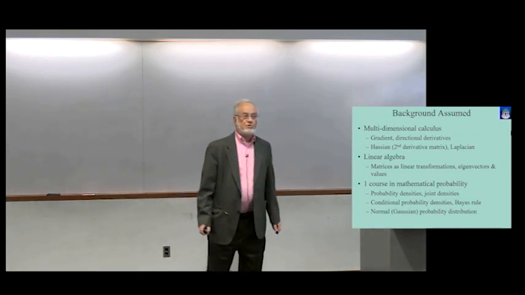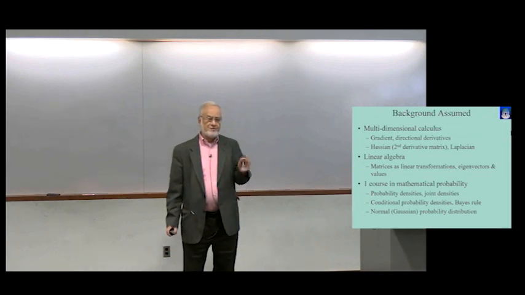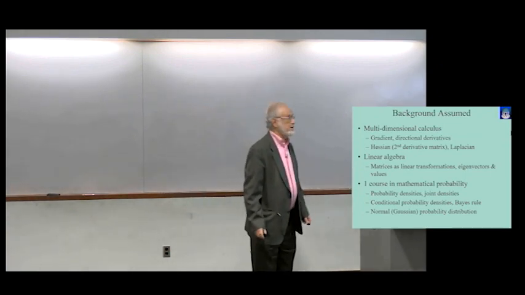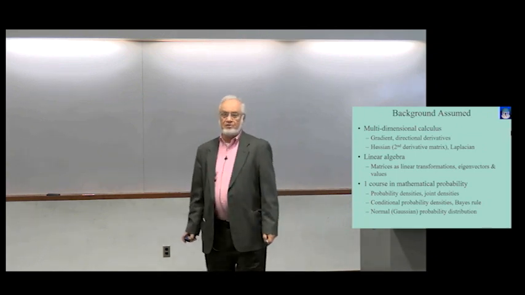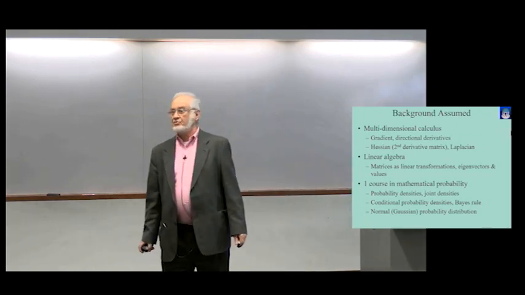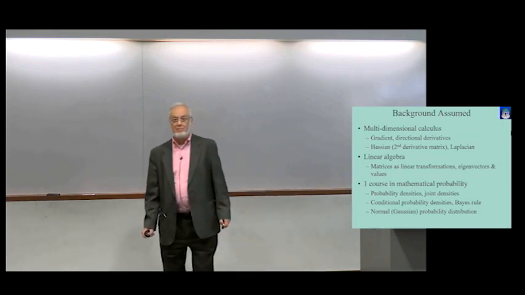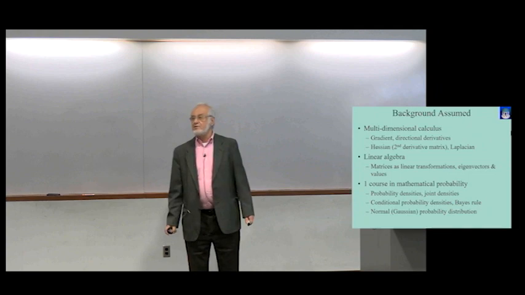That you understand Bayes' rule that relates different conditional probabilities with each other. And I'm going to assume that you understand what the normal probability distribution is, also called the Gaussian probability distribution, the bell-shaped sort of probability distribution.